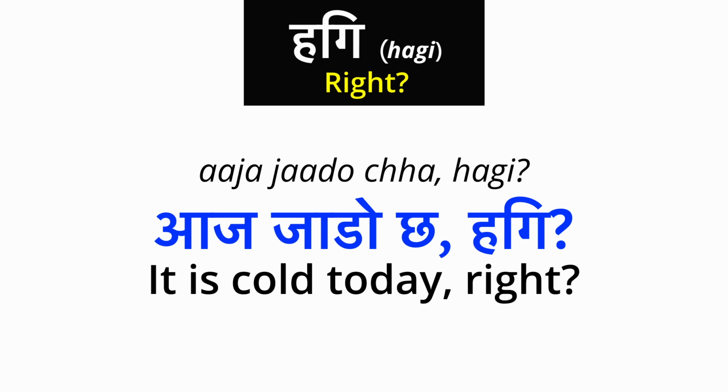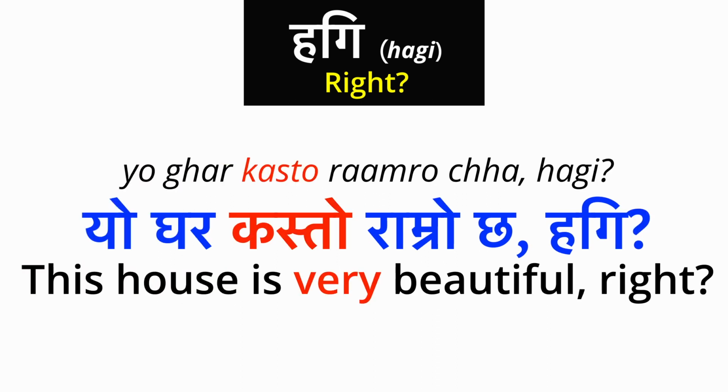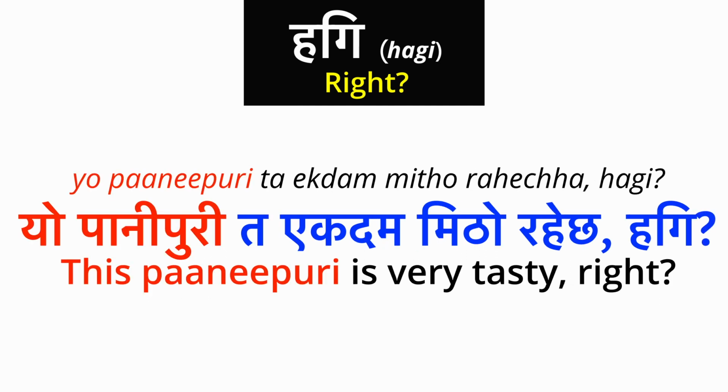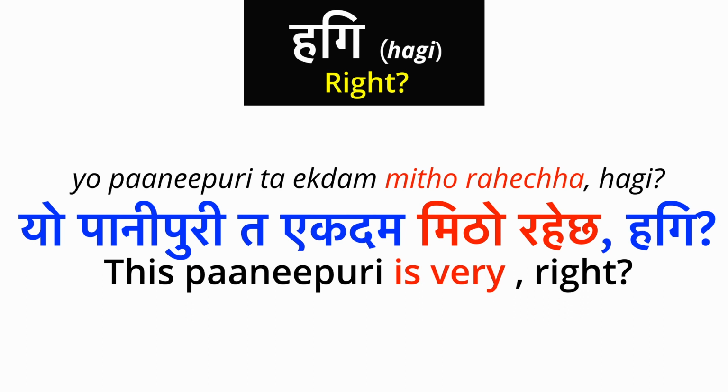Now let's see the next example. यो घर कस्तो राम्रो छ हगी. This house is so beautiful, right? Next example is यो पानीपुरी त एकदम मिठो रहेछ हगी.